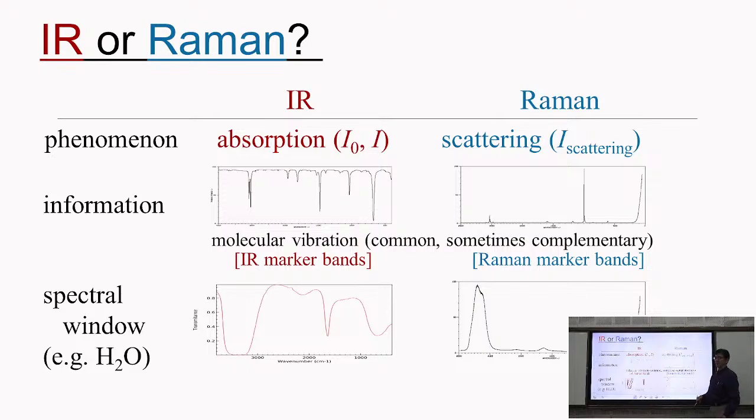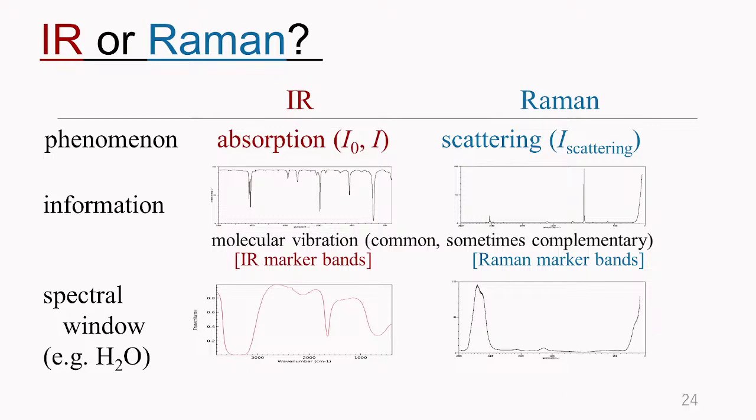So if the sample thickness exceeds 10 micrometers, this peak covers all, and transmitted light intensity becomes close to 0. So for IR spectra, we need to be careful when measuring aqueous solution samples. In that sense, the Raman band of the OH bending is not very strong, so it may be useful.